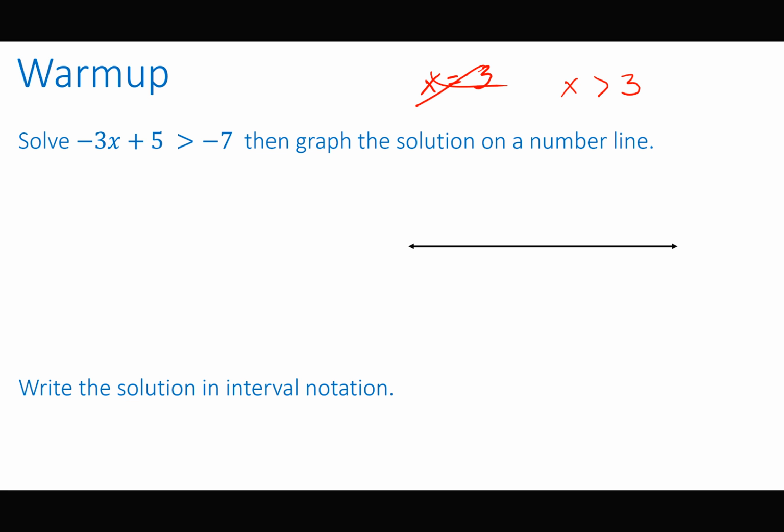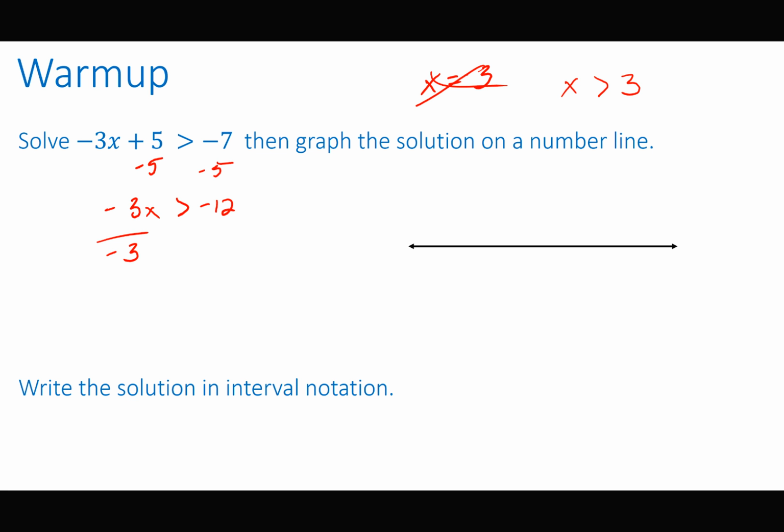So let's go with this one. If I want to solve this, I would subtract 5, and so I'd have a negative 3x. Negative 7 minus 5 would be a negative 12. Okay, now I want to divide by this negative 3.